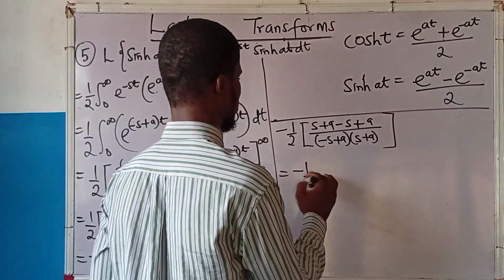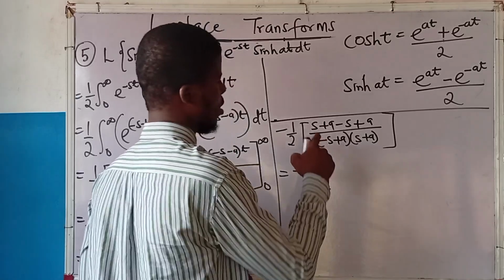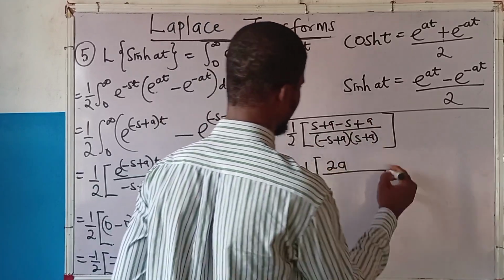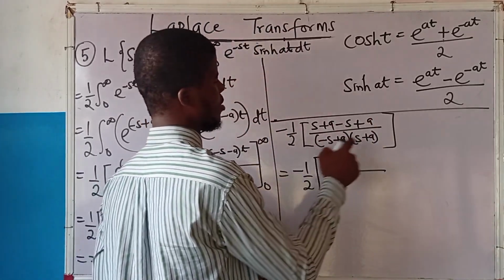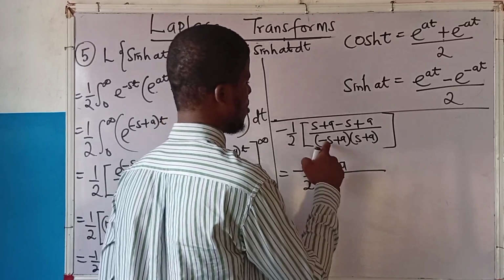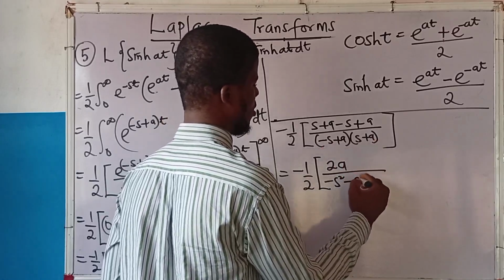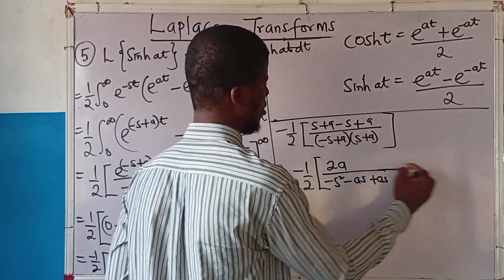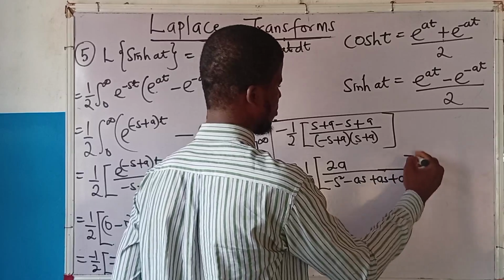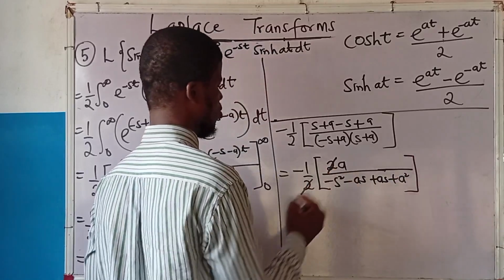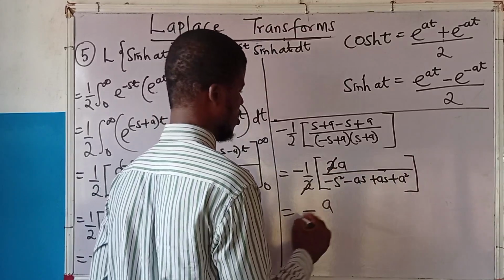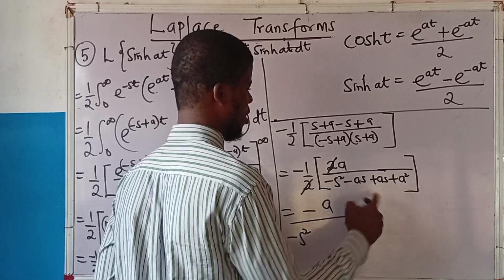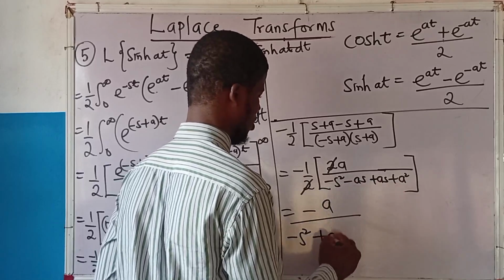So this is minus 1 over 2 into s minus s, a plus a, 2a. We have 2a all over minus s times s, minus s squared, minus s times a, minus a times s, plus a times a, a squared. 2 cancels 2. We have minus a all over minus s squared. Minus as plus as is 0, so I have plus a squared left.